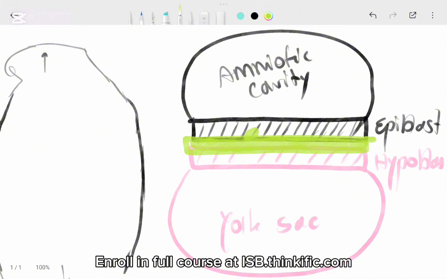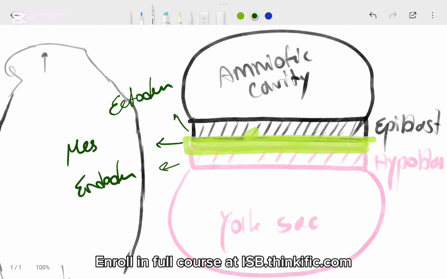That's why they call it mesoderm, because there are just cells in the middle. Okay. But once this trilaminar disc forms, the epiblast becomes ectoderm and the hypoblast becomes endoderm, and in between, mesoderm. And that's how the 3 germ layers develop. Ecto, meso, endo.